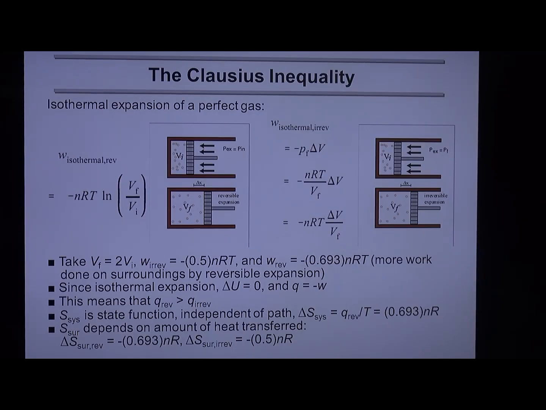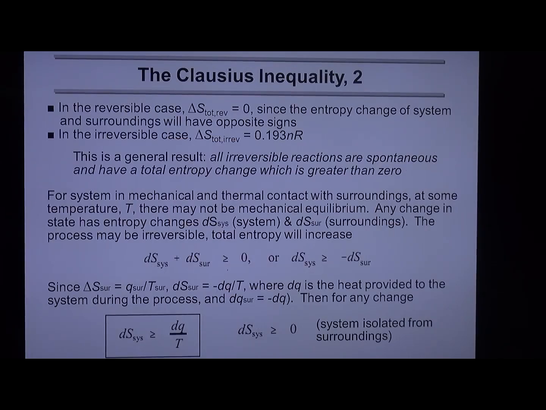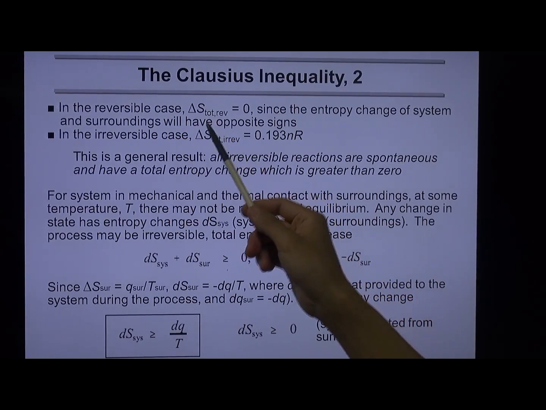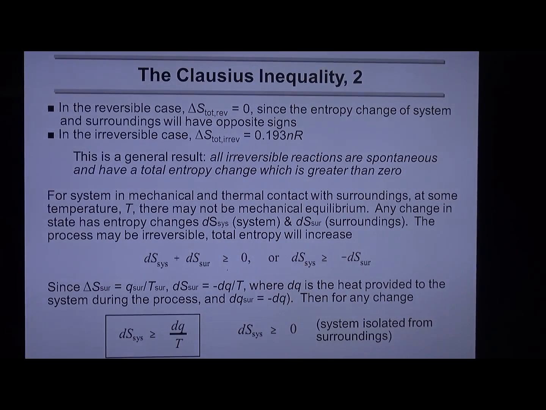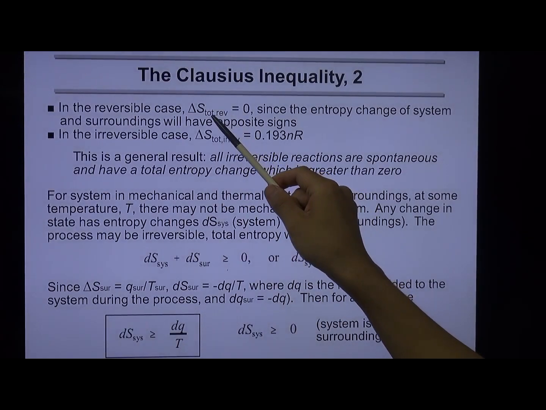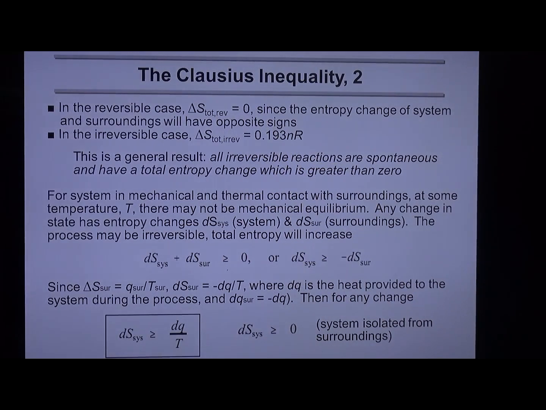So if you add up these two values, you get delta S total by summing up the system and surroundings. For the reversible process, delta S total is 0. There is no entropy change for a reversible process. Reversible process is an ideal process.